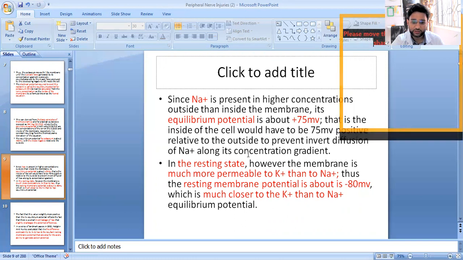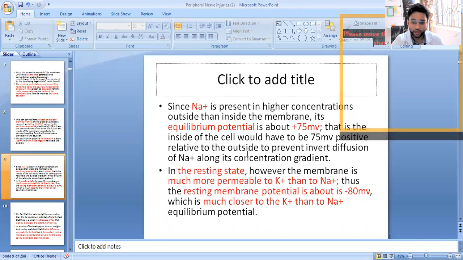That is, the inside of the cell would have to be 75 millivolts positive relative to the outside to prevent inward diffusion of sodium along its concentration gradient. In the resting state, however, the membrane is much more permeable to potassium than to sodium. Thus, the resting membrane potential is about minus 80 millivolts, which is closer to the potassium than the sodium equilibrium potential.